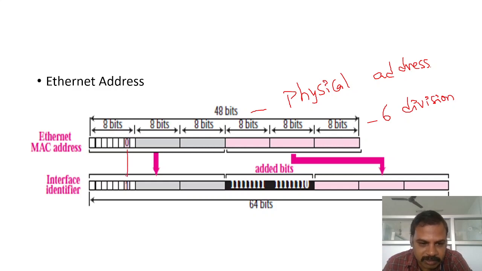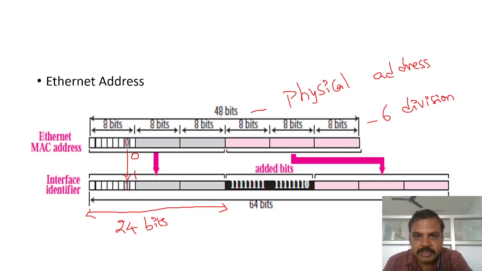We have to change this to 1, 0 to 1. The original total length is 48 bit. What is the first thing we are doing? We are converting the 7th bit from 0 to 1.